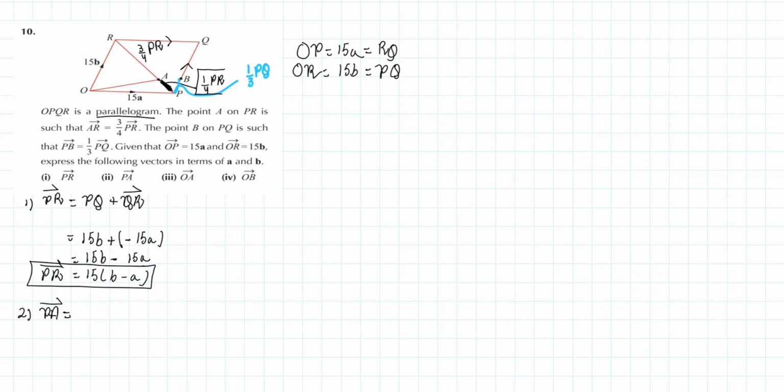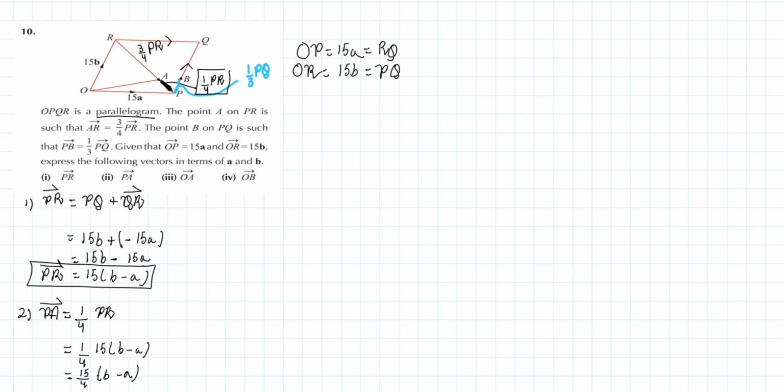But you have already figured out PR, so just replace PR with 15 bracket B minus A. So 1 upon 4, 15 bracket B minus A. Now if you multiply, it is 15 upon 4 bracket B minus A. Okay, so this is the answer for part number 2.